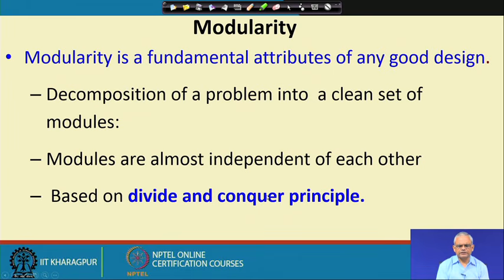Now, let us try to understand what we mean by modularity or a well decomposed set of modules. We say that a design is modular if the modules are almost independent of each other.